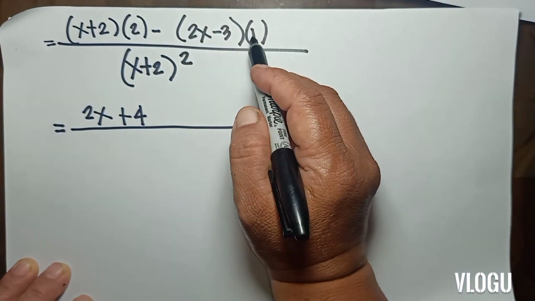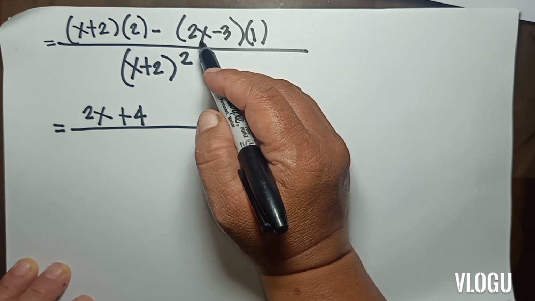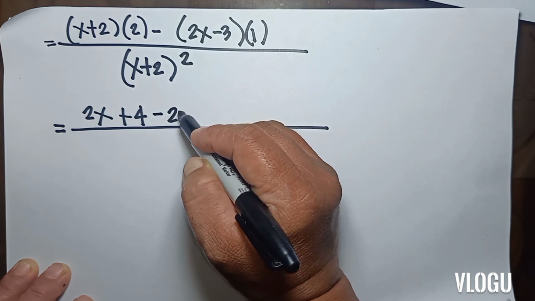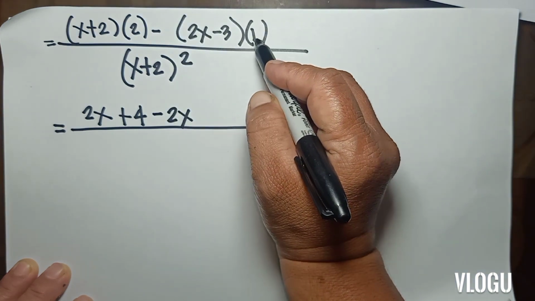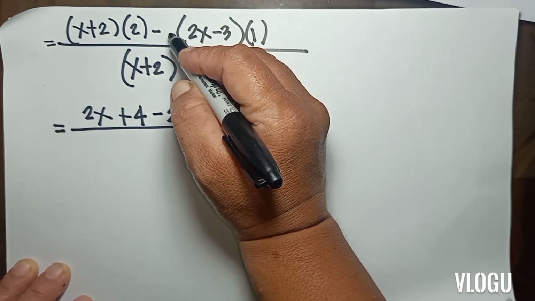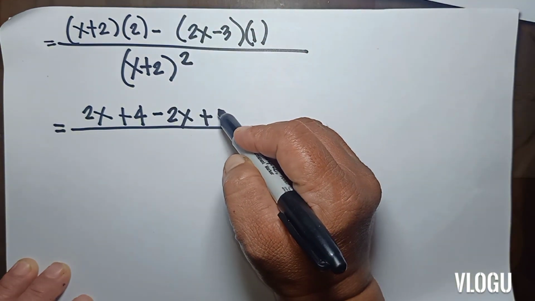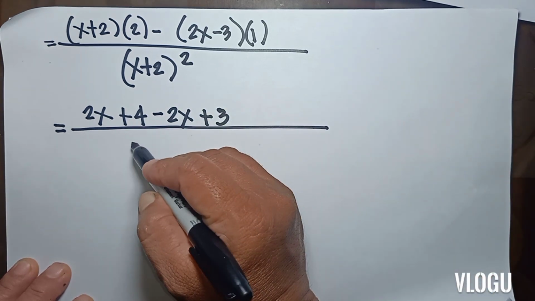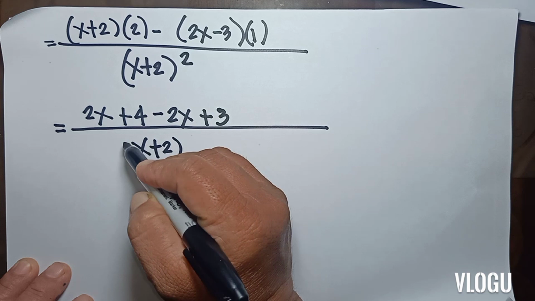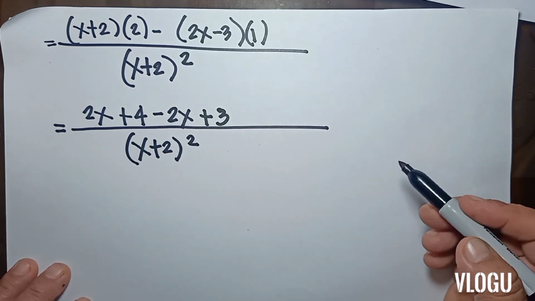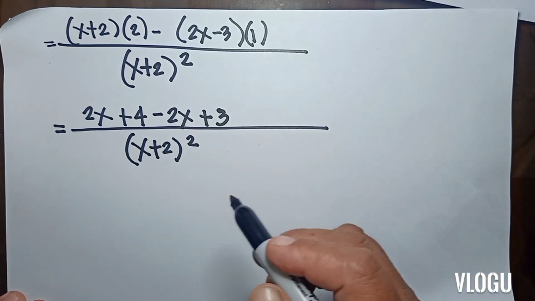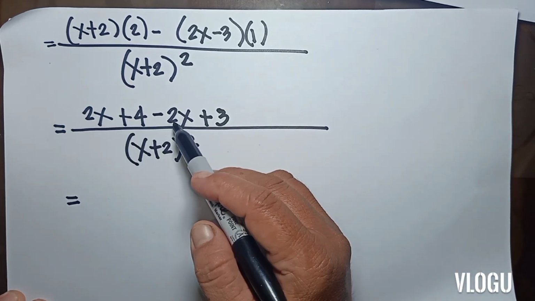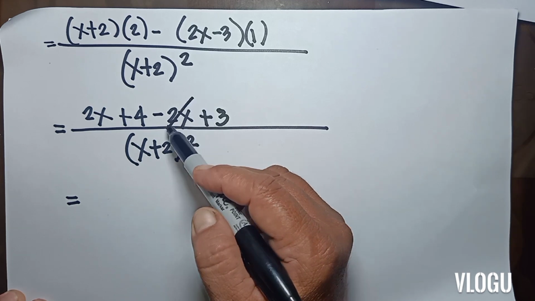Then negative 1 times 2x gives negative 2x, and negative 1 times negative 3 gives plus 3, all over x plus 2 squared. Now 2x minus 2x is equal to 0, so that is cancelled out.